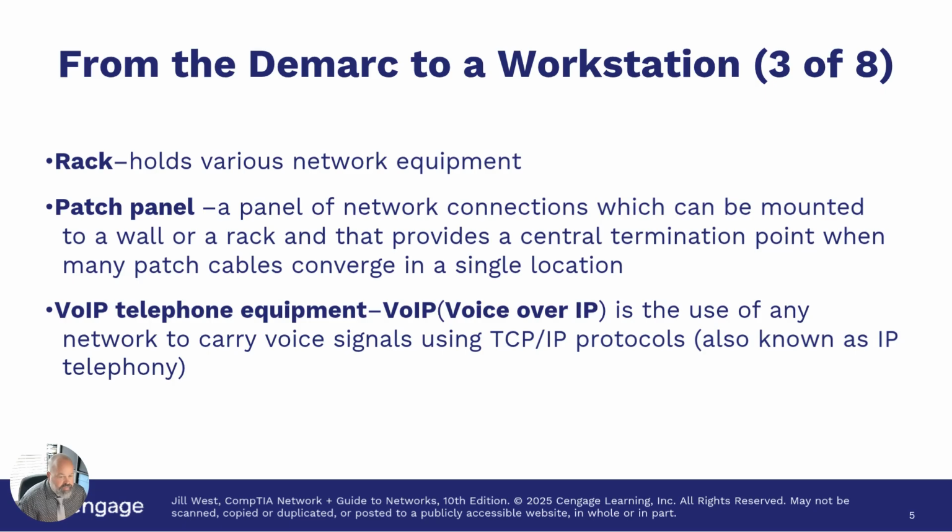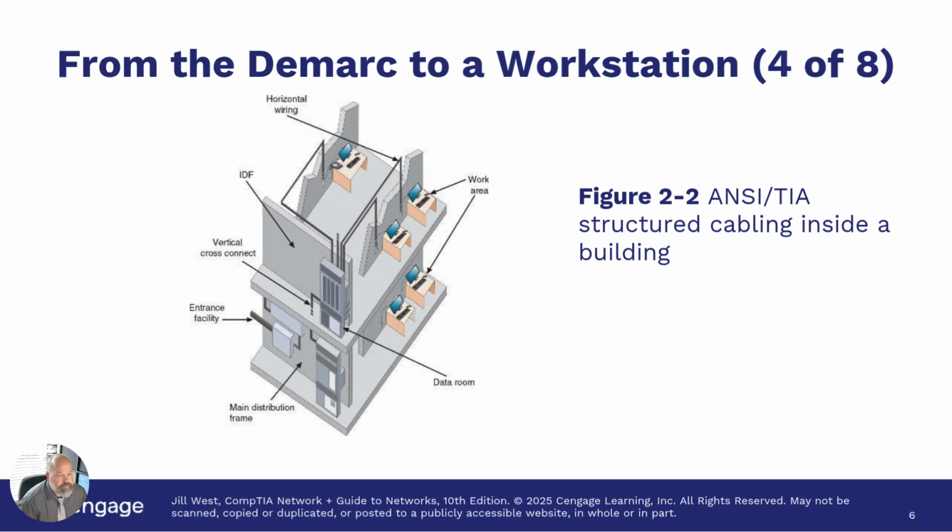Instead of having cables running directly to every piece of equipment that you have in your network, which would be a nightmare, everything connects to the patch panel first. And then we've got VoIP telephone equipment, which is voice over IP. Back in the day, phones used to have separate wires. Those days are gone. Now your phone travels over the same network as the goofy YouTube videos you watch. It's voice over IP. It's a relatively common technology.